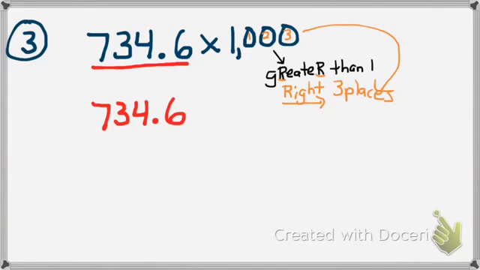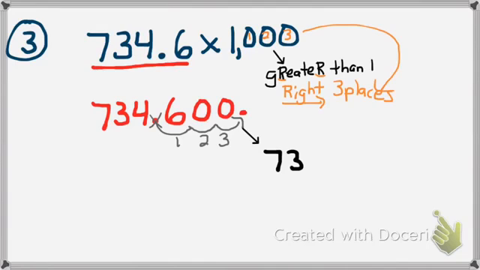Okay, so go into my red number that I rewrote, 734 and 6/10, cross out my decimal. I'm going to move it 1 place. I'll have to add a place value 0 so I can move it 2 places. Add another place value 0 so I can move it 3 places. And now I can put my decimal in. 1, 2, 3 places. There's my decimal.